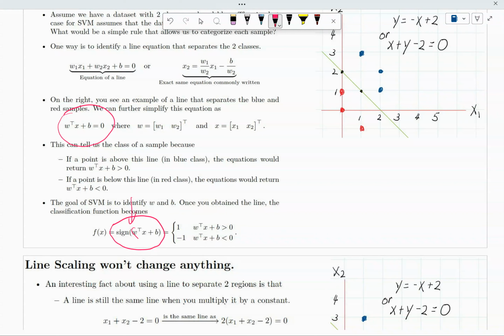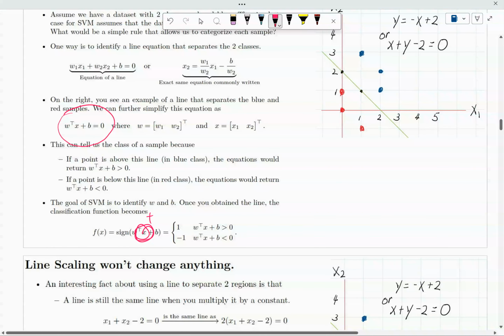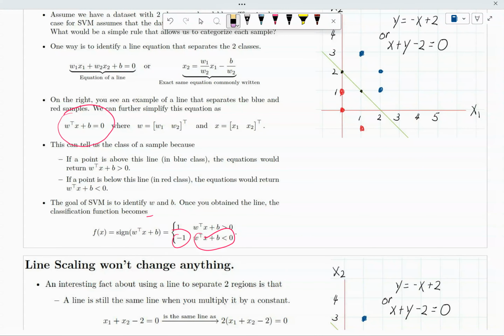Whatever you're putting inside the sign function, if it's positive, it's going to return 1. If it's greater than 0, meaning positive, 1. If it's less than 0, then it's going to be a negative 1. Okay, so this right here is how we can do classification once you identify the ideal W.